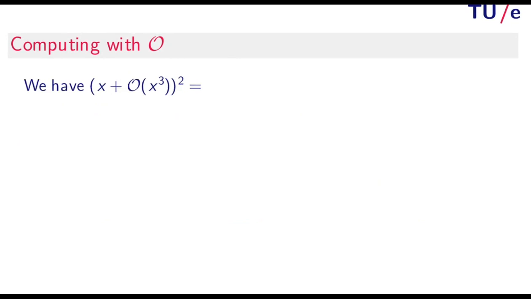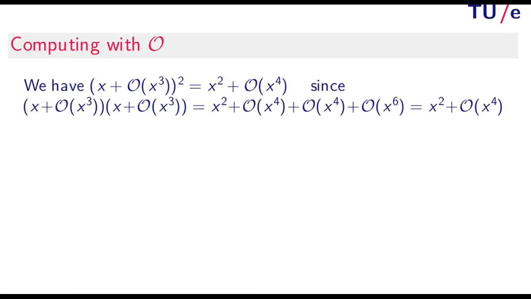But how about the square of a function of which we know that it is x plus big O of x cubed? Well, you just take the square and then you find it's x squared plus big O of x to the power 4. Why?